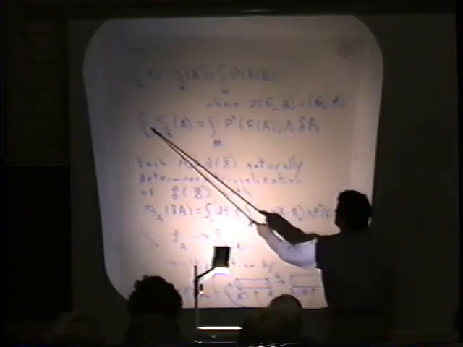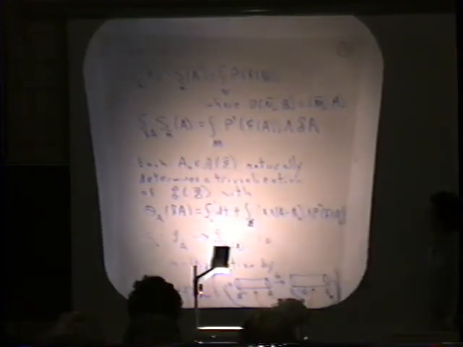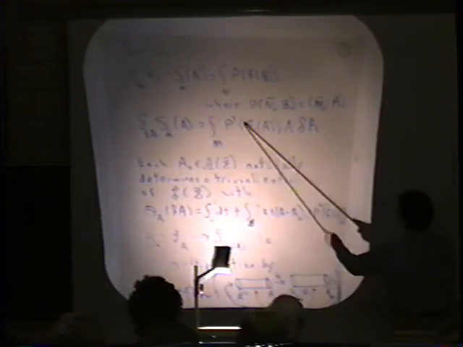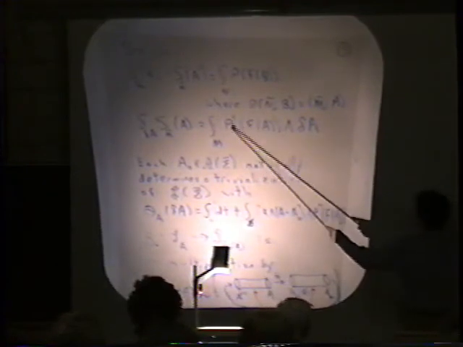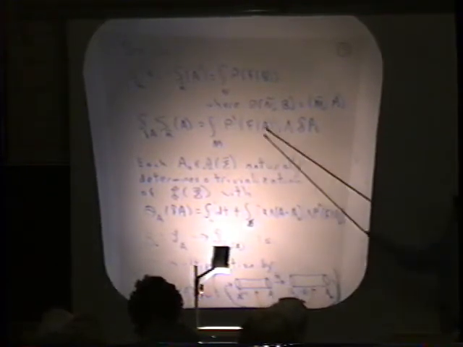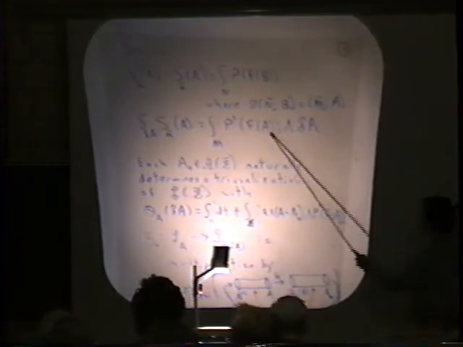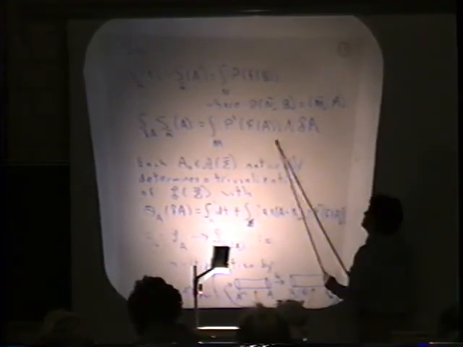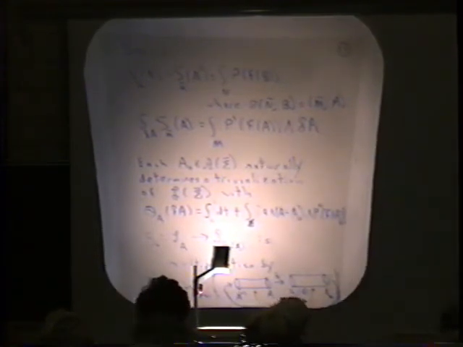That implies that the variation in the action is a local expression, an integral over M, where we take the derivative of the invariant polynomial applied to F of A, wedge delta A. So the variation is just this. So that's local, as we need.